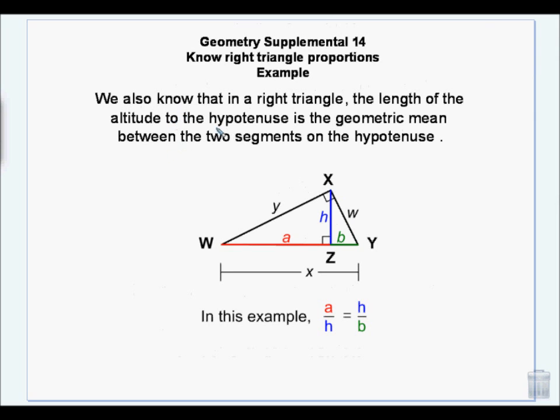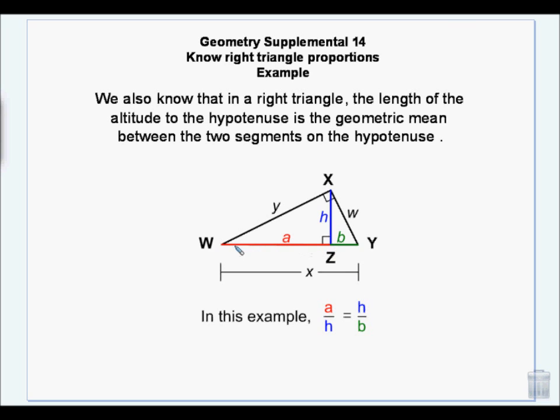We also know in the right triangle, this is from that theorem that didn't make a lot of sense, if we make this altitude and we take the segments that it causes, that altitude is the geometric mean where we had x before. So the long leg over the altitude is equal to the altitude over the short leg. Sorry, not leg, segment.